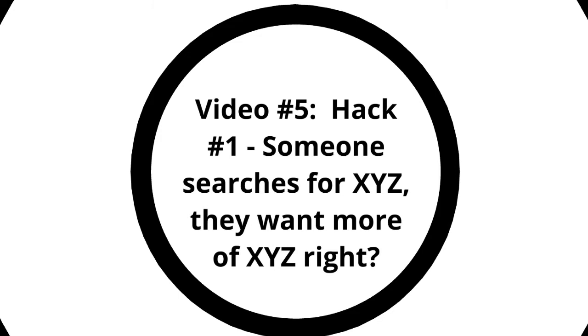They might find it, but then they're going to look for more of it. In other words, they search for XYZ, they want more of XYZ. So how can you make it easier for them to find that information, such as with related posts? What kind of plugins can you use to help you with that?